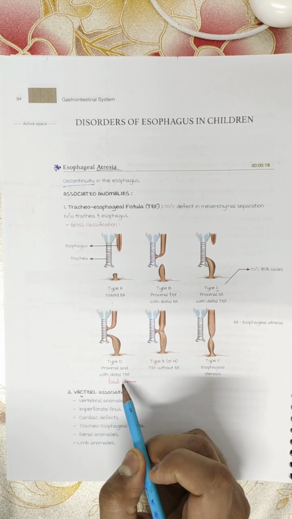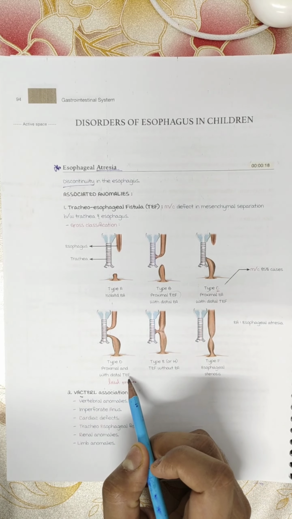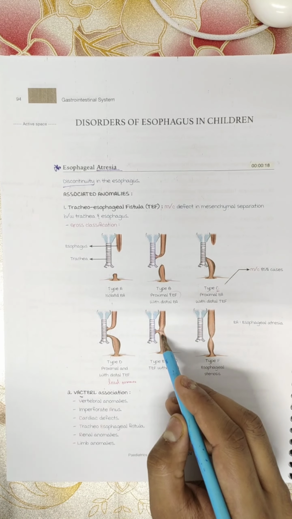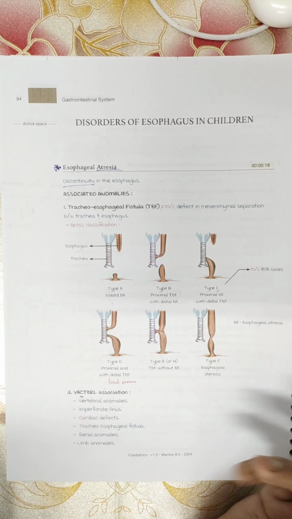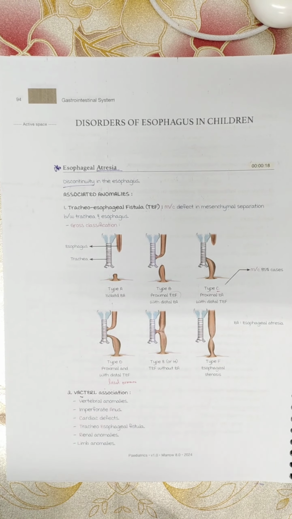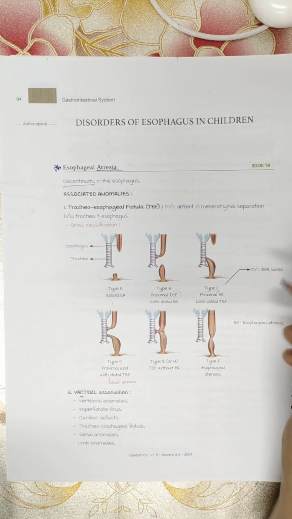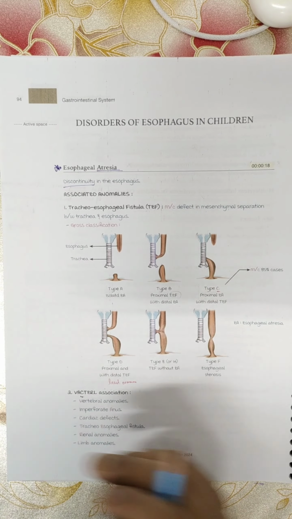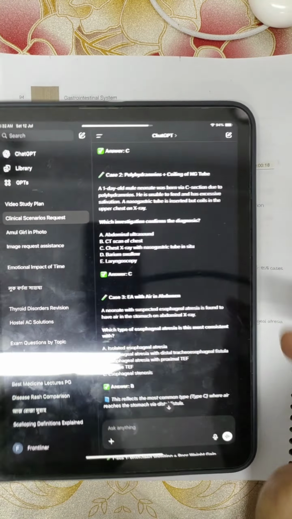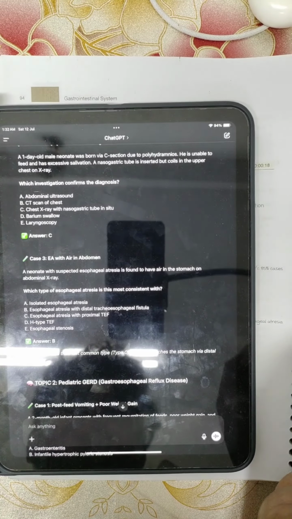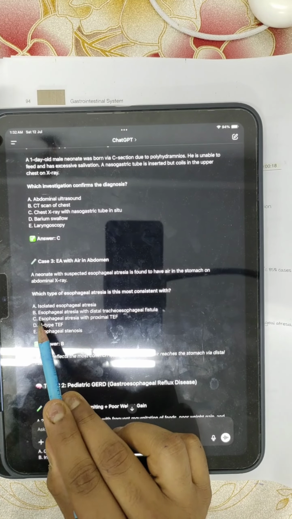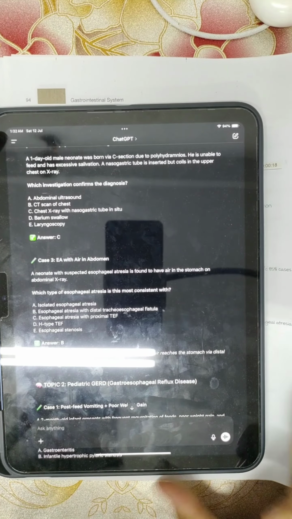This is proximal with distal tracheoesophageal fistula. This is the least common one. This is the H type of tracheoesophageal fistula and esophageal stenosis, the last one. Okay, now what is the answer? The answer will be the most common type, that is this one. So the answer is obviously the most common one. Okay, so these are the questions.